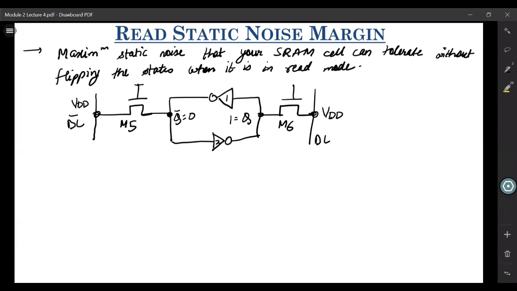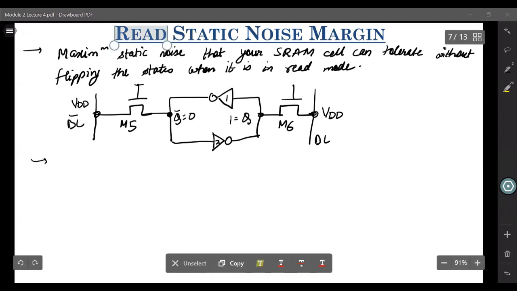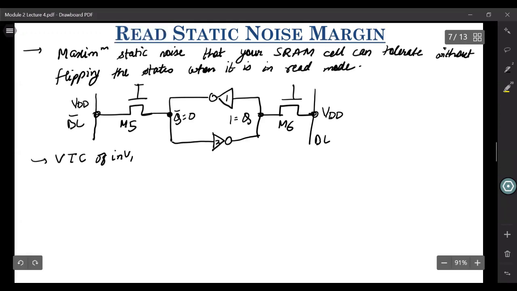Anyway, how do we measure this read static noise margin? Again, we draw the VTC of inverter 1 and the VTC of inverter 2. How do we draw it?